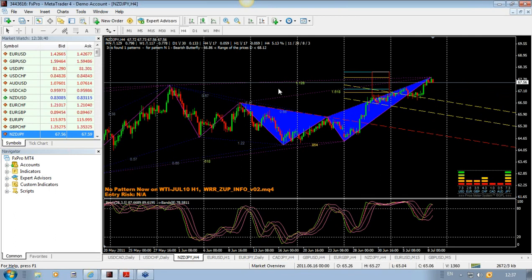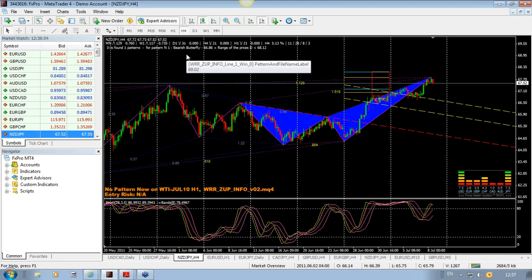Let's continue. The next two reliable patterns are butterfly, bullish or bearish, and bat, bullish or bearish.